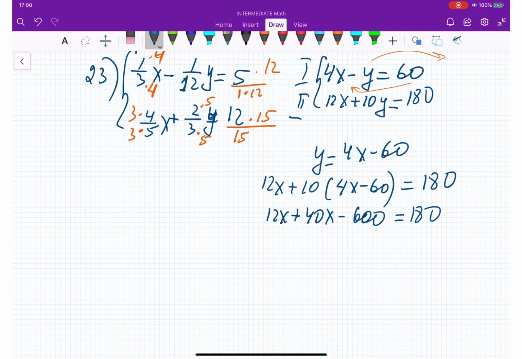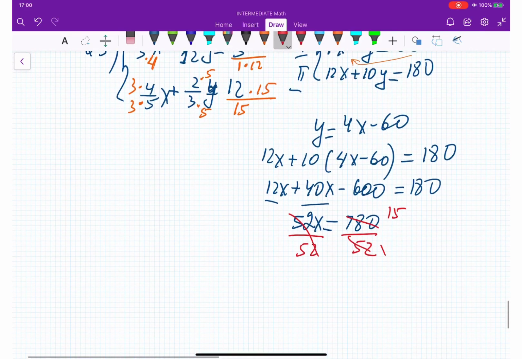Okay, so what we are going to get, 12 and 40, it's going to be 52x, and 180 plus 600, it's going to be 780. Okay, so 780 divided by 52, it's going to be equal to 15. This is gone. This is 1. This is 15. Okay, so x is 15.